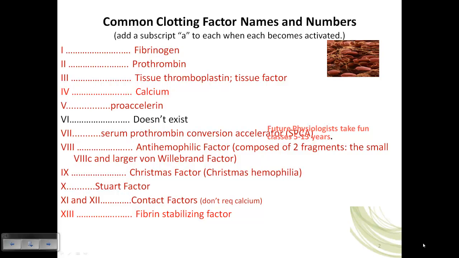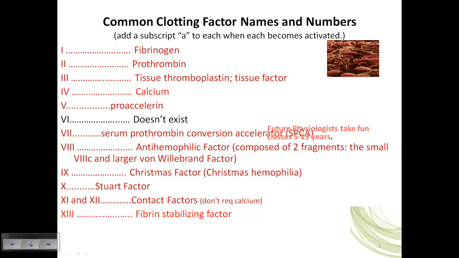So I remember this with the little mnemonic that's shown on the screen here. Future physiologists take fun classes for 5 to 13 years. And that's underneath the words for factor 7, so I apologize for that.